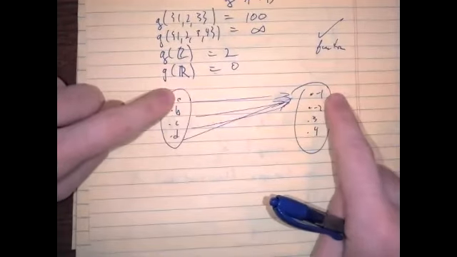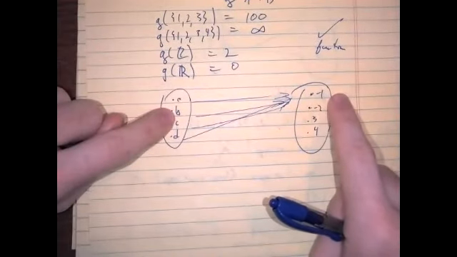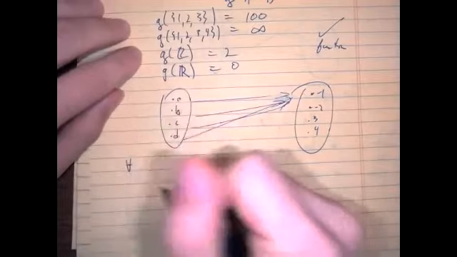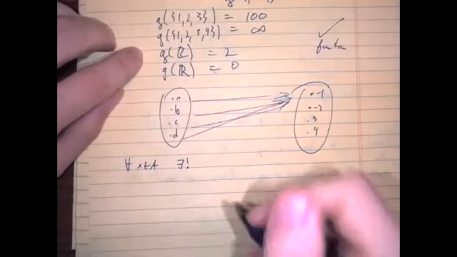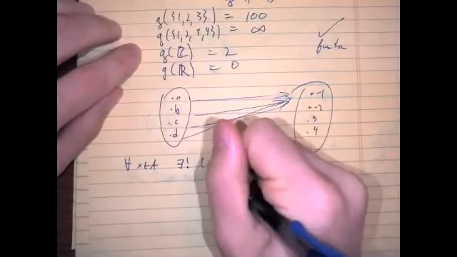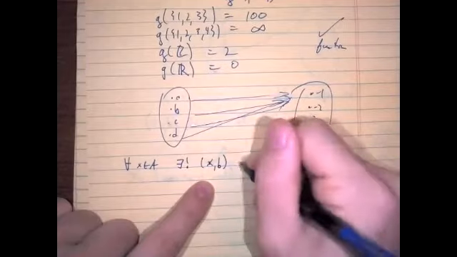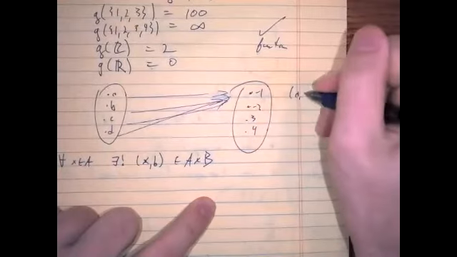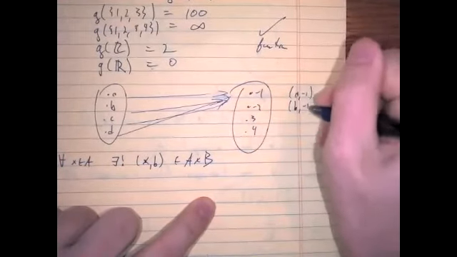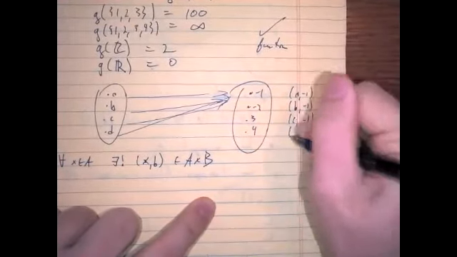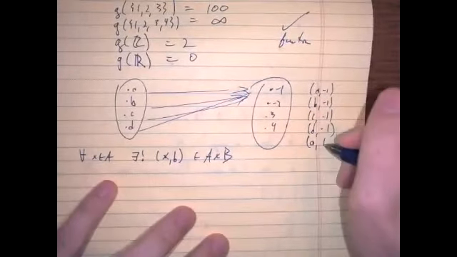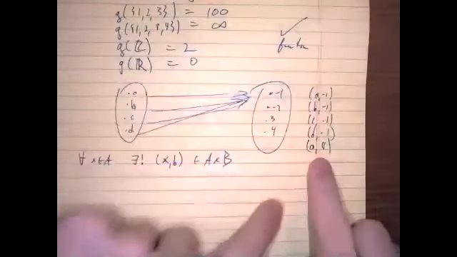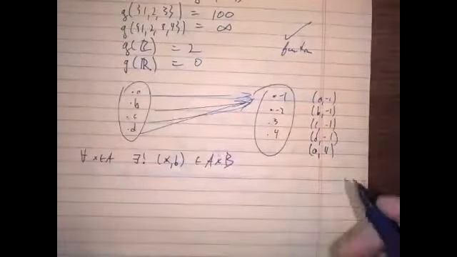But it's fine for A to be sent to -1 and B to be sent to -1 because for each x in A, there exists a unique tuple x comma B inside A cross B. Namely, explicitly I have the tuple A comma -1, B comma -1, C comma -1, and D comma -1. The uniqueness says I cannot have another A comma 4. I can't have A appear twice on this list. That's what the uniqueness is getting at.